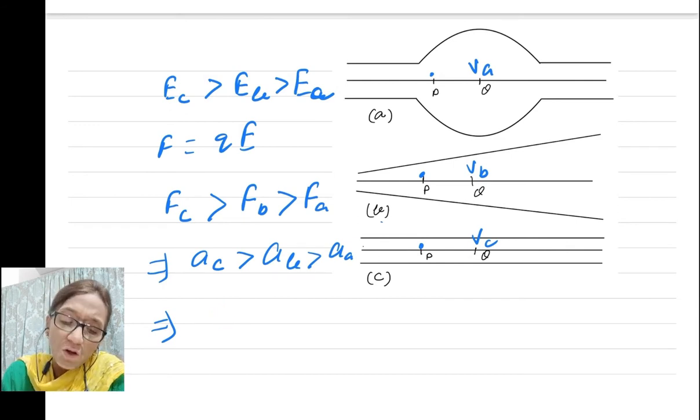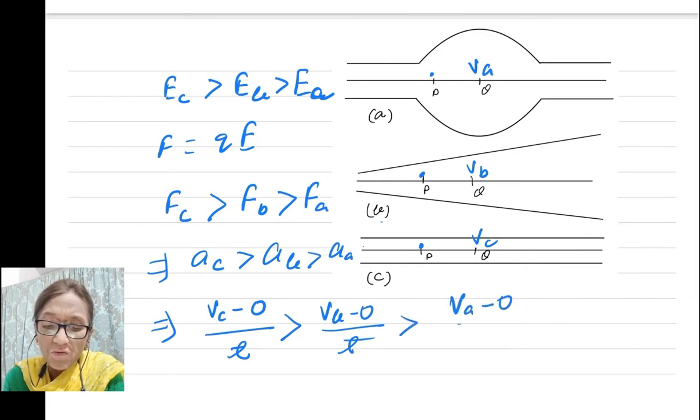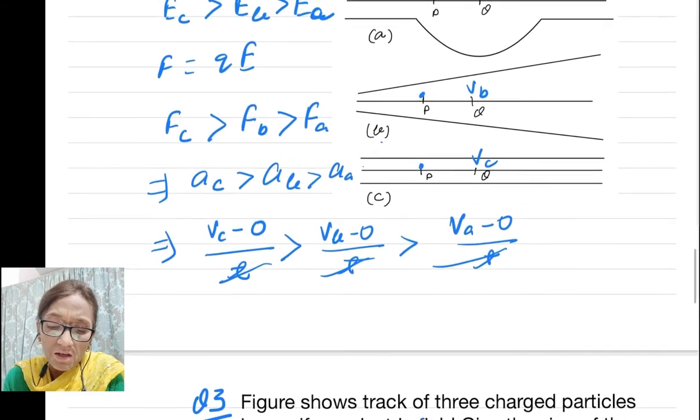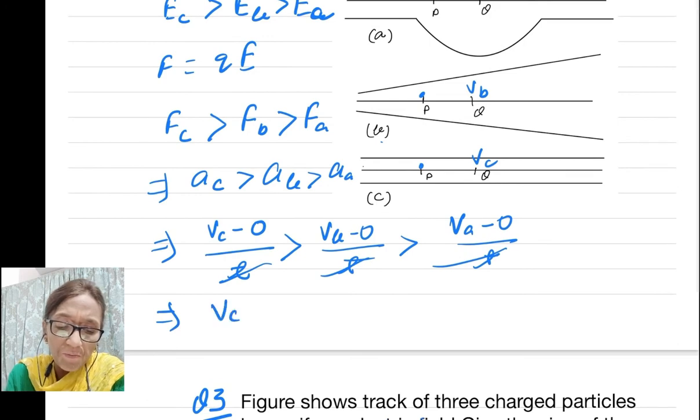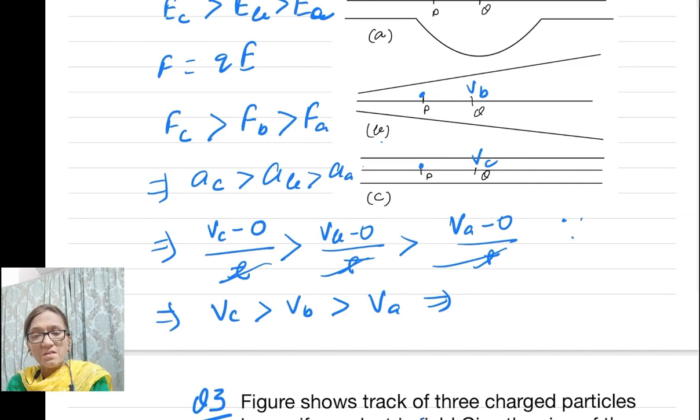You may write, acceleration is change in velocity, Vc minus initial velocity, which was 0, by time, should be greater than Vb minus 0 by time, which should be greater than Va minus 0 by time. And this way you find that Vc is greater than Vb, which is greater than Va.